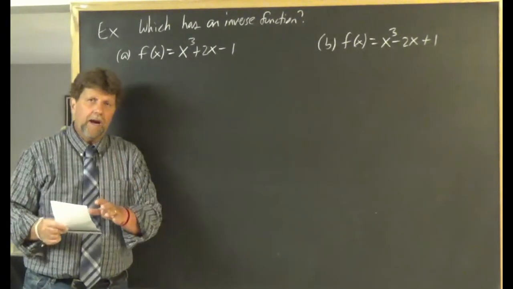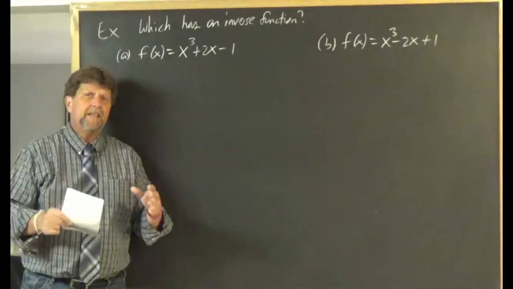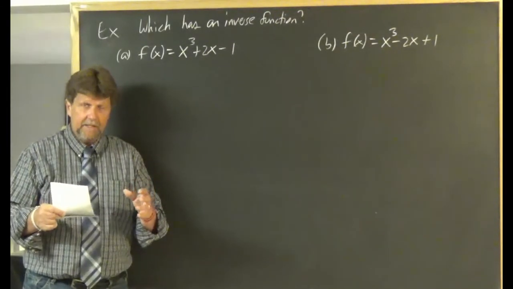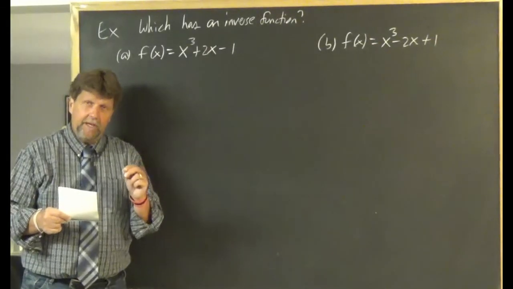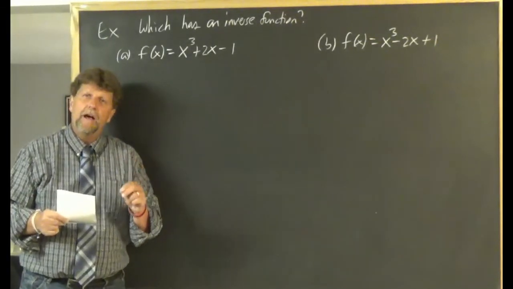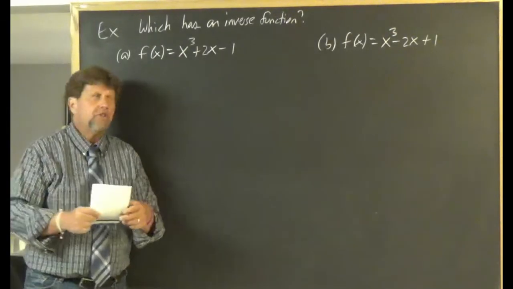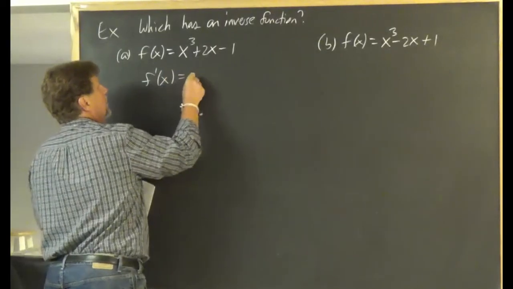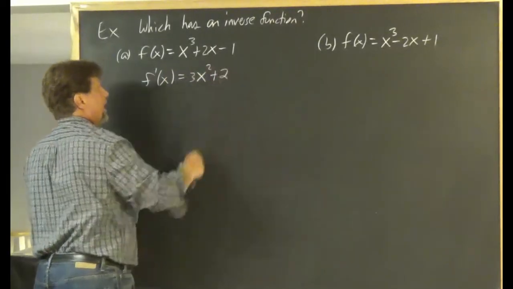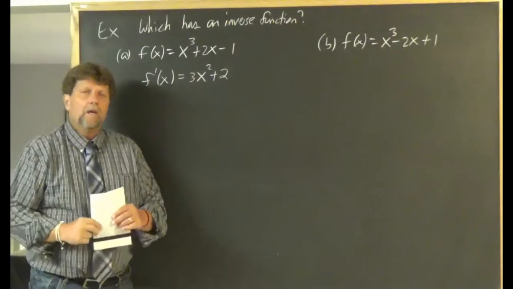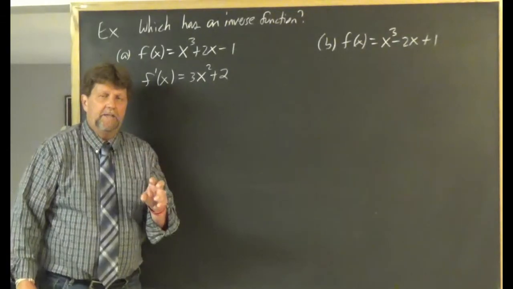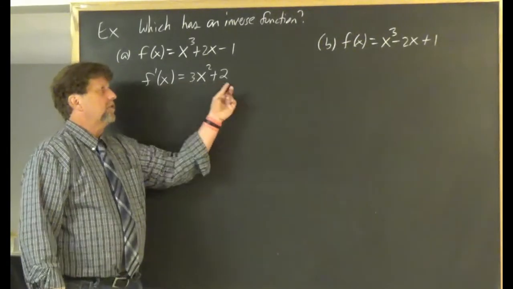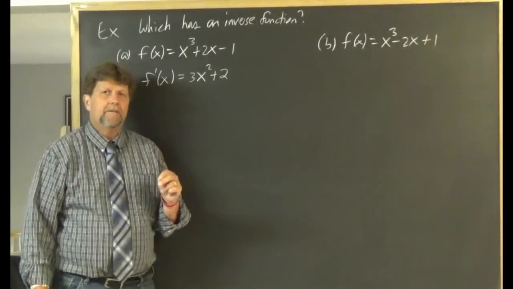So if you look at the graph and you think the graph is saying it has an inverse function because it's one-to-one, it passes the horizontal line test, you need to go a little bit further to convince me. And this is where the calculus comes into play, because you can compute the derivative of this function. It's 3x squared plus 2. Now look at the derivative. No matter what number you put in for x, this derivative will always be positive.